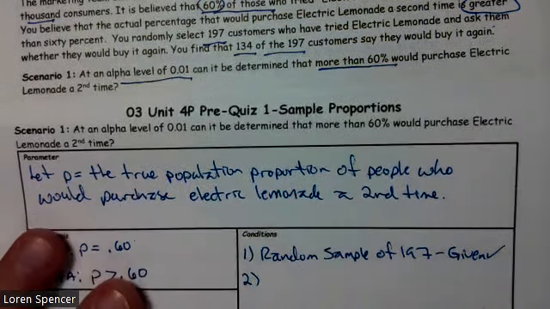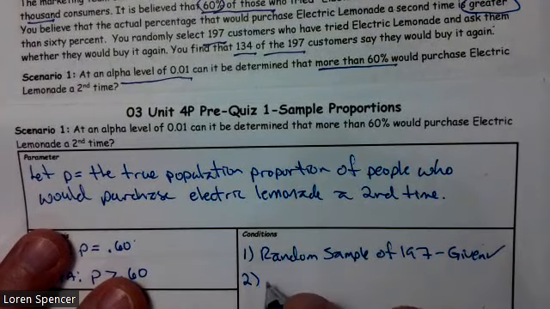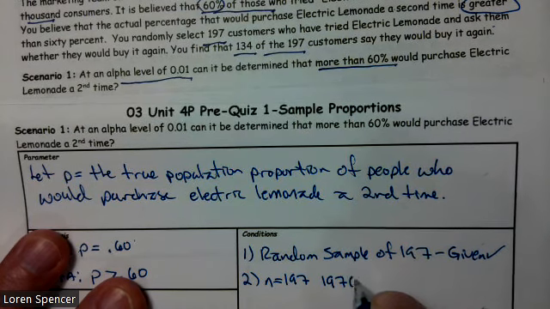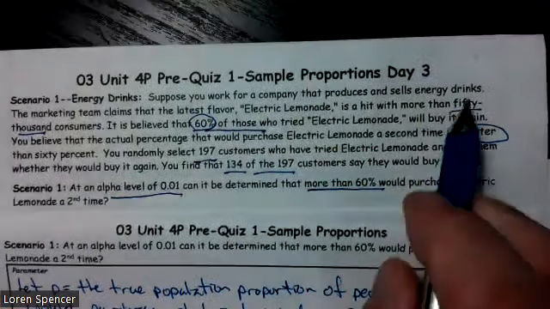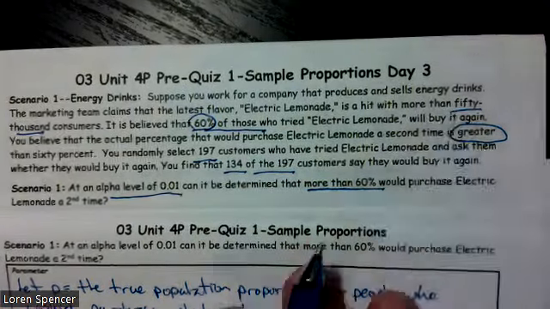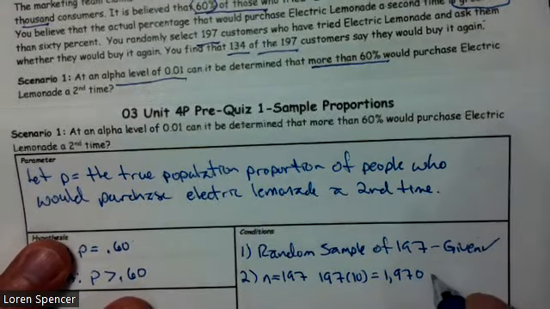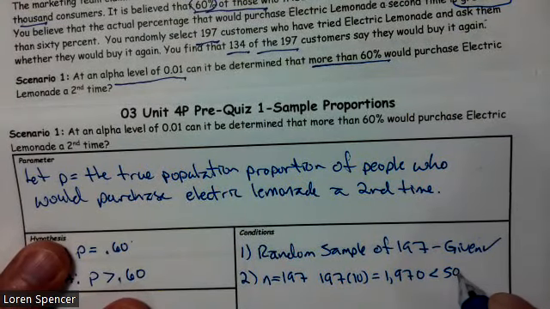We need to check the n is less than 10%. Well, n equals 197. We're going to multiply that by 10, 197 times 10, and that equals 1,970. But what was our population size? Our population of people who tried it was 50,000. So that's less than 50,000. So we're good there.